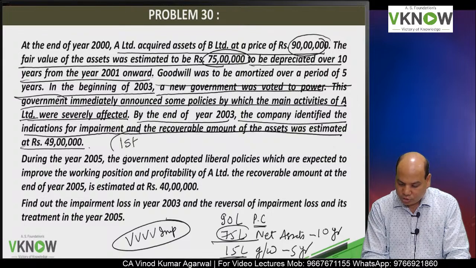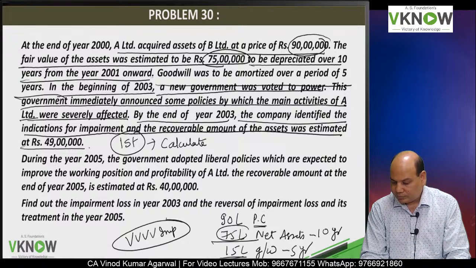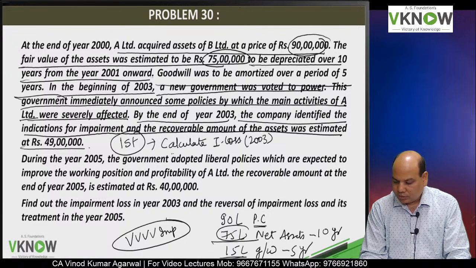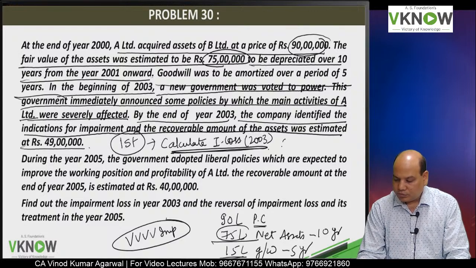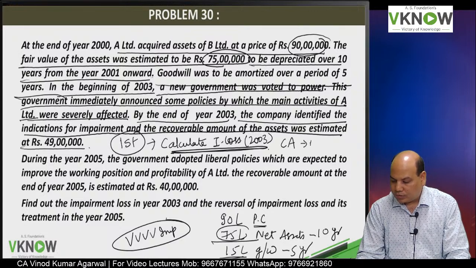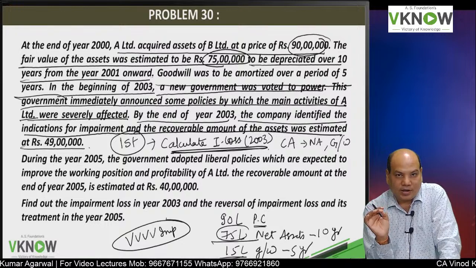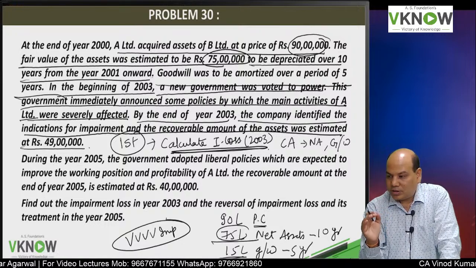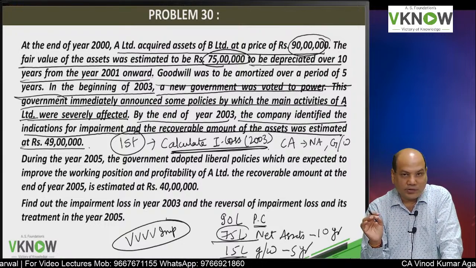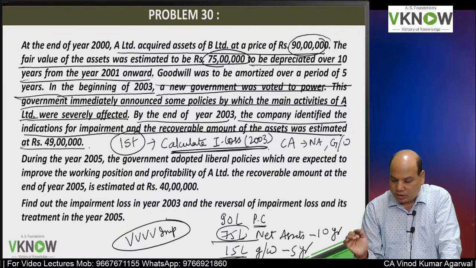So first you have to calculate impairment loss in the year 2003, and for that you will have to find out the carrying amount of net asset and goodwill by depreciating the carrying amount of the net asset for 3 years and amortizing goodwill for 3 years.